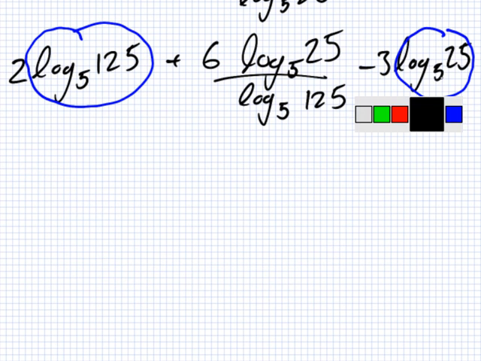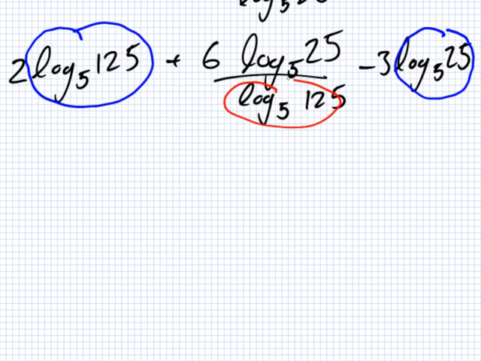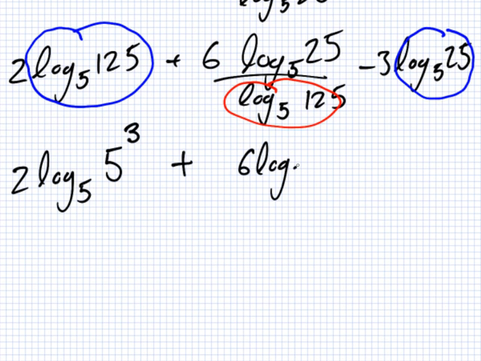No problem. Well, I can still change this here into 3 if I want. That's still okay. But I think here I'll change this into 5 cubed. And then here this will be 6 log 5 of 25 over 3.